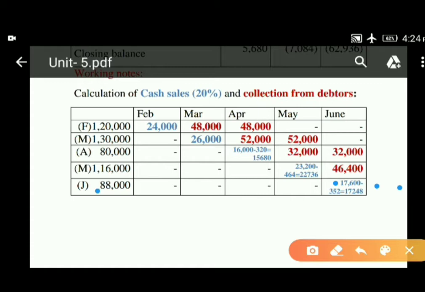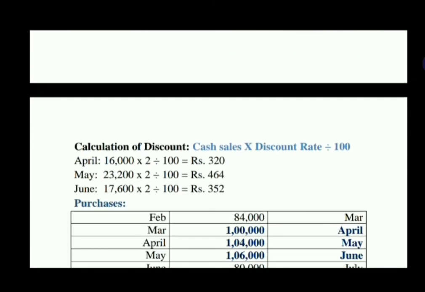Okay, and one more adjustment is there, that is for cash sales we are allowing 2% of discount. So now we'll calculate the discount amount, and after calculation, again we will come back to this particular calculation part. Okay, let's see here, calculation of discount.